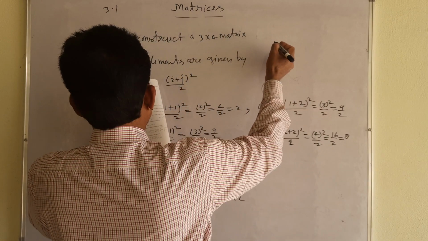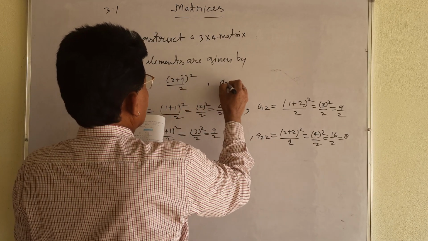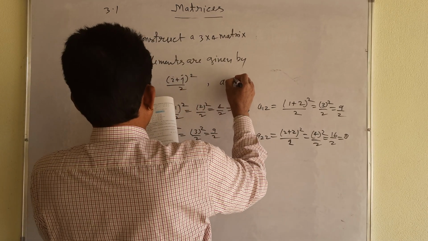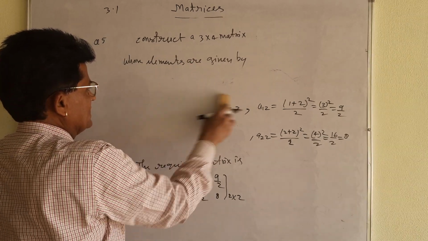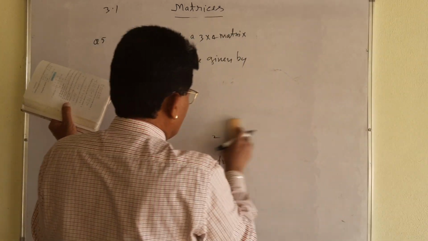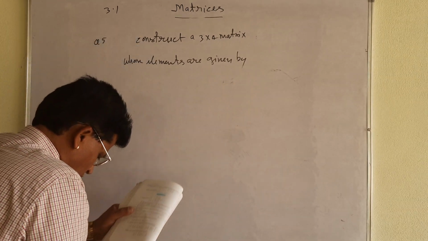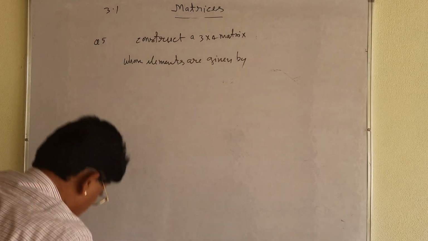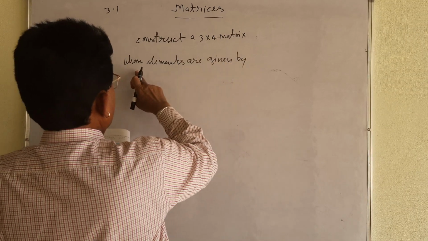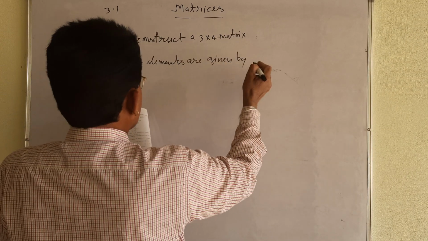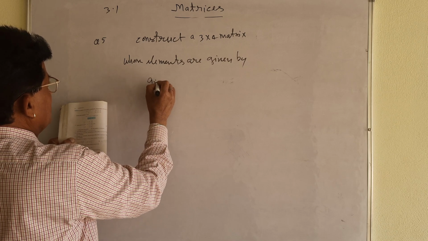बताइए A की वैल्यू कितनी है भाई? Here comma is there, Aij. Let me remove it first. After that I will write the solution of it. इसको मुझे हटा दे दीजिए, so that you can find out the solution. Okay, construct 3 by 4 matrix whose elements are given by a, i, j.